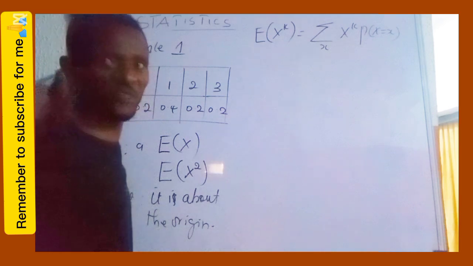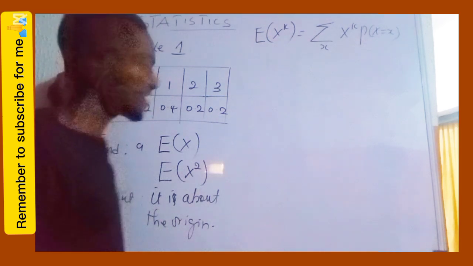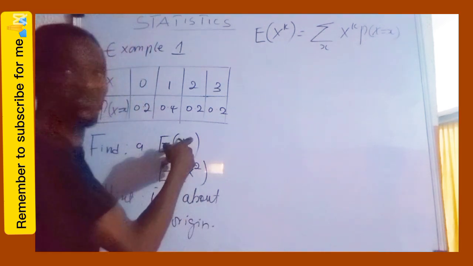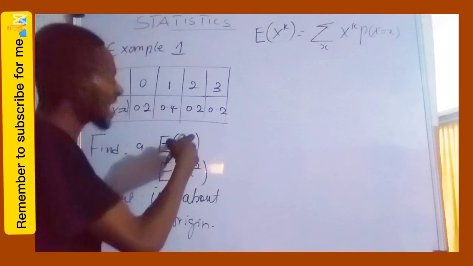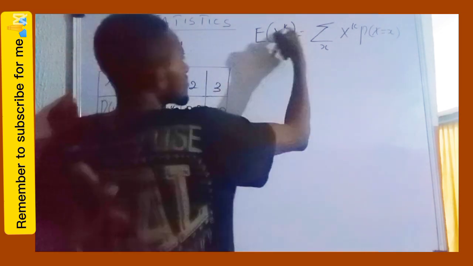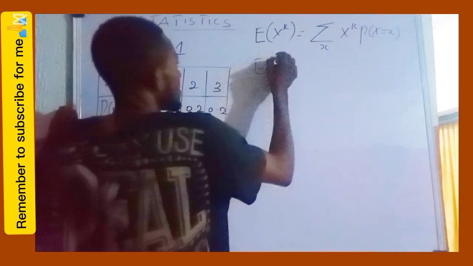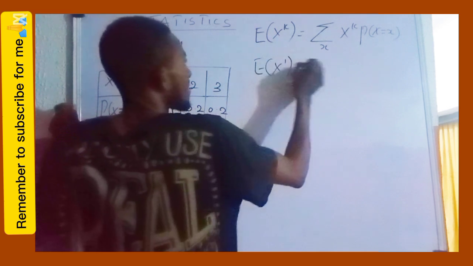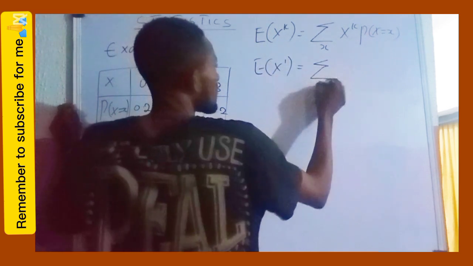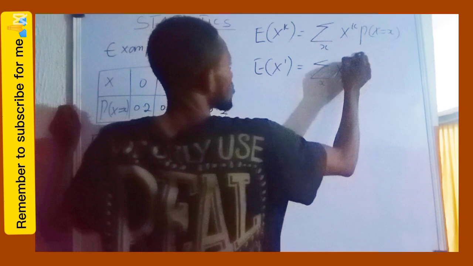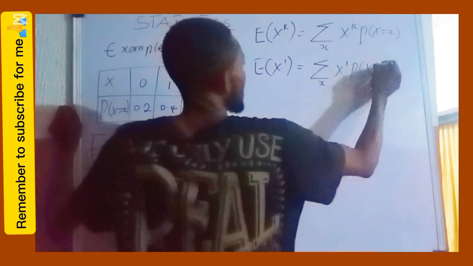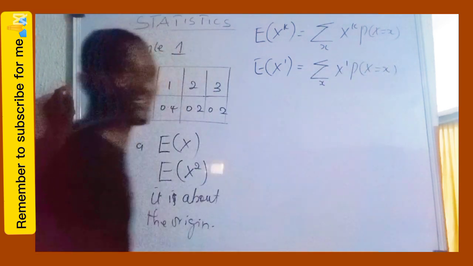But this time around, I'm interested in the first moment, so where k is 1. If k becomes 1, here I will have E of x raised to power 1 is the sum over the range of x raised to power 1, P of capital X equals small x.